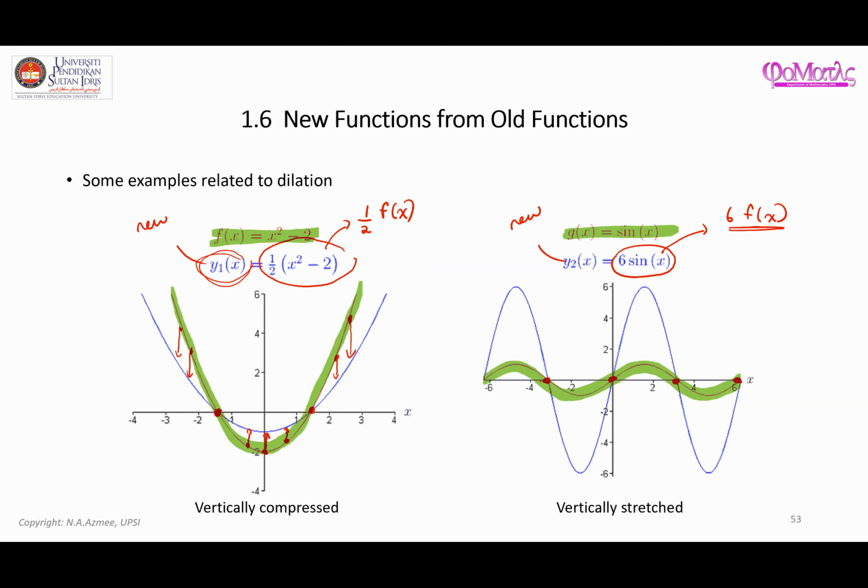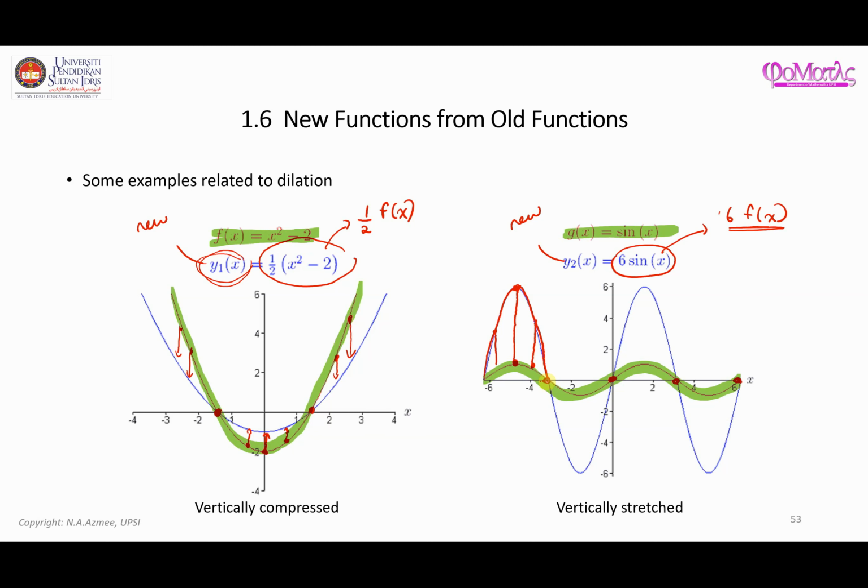But other points, for example, if you talk about vertically stretched, you can imagine pulling this point upwards. So you stretch upwards by factor c, so by factor 6 in this case. So this one also will be pulled upwards. This will be pulled upwards. So you will get this new curve over here.